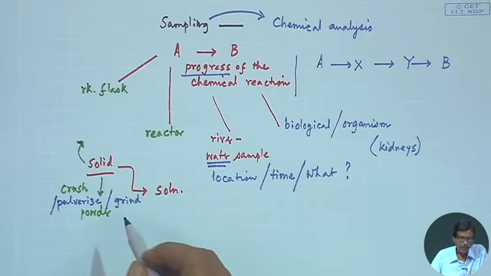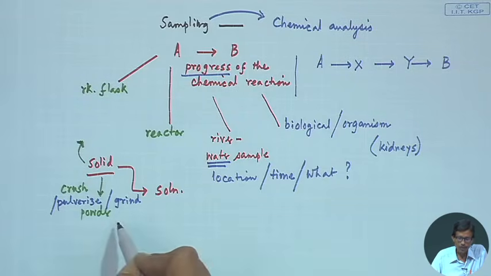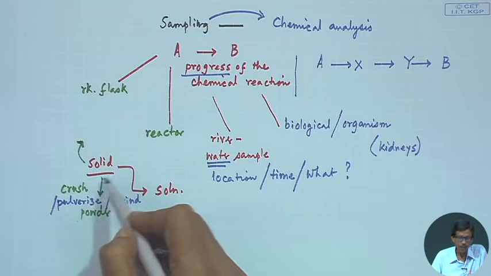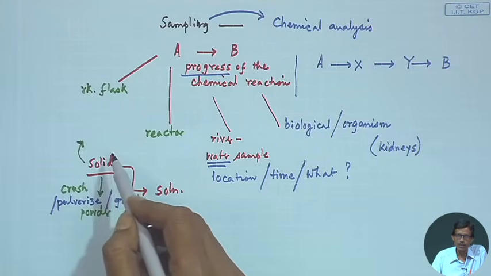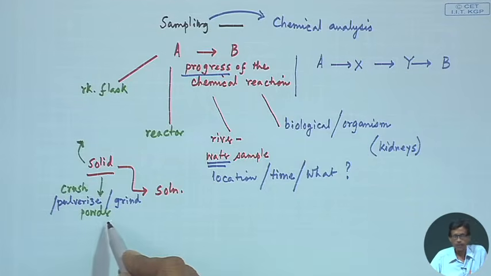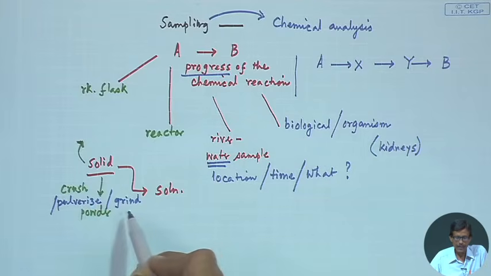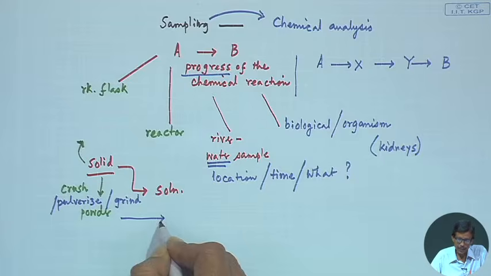What are the instruments and what are the techniques we should follow to get a powdered sample from a very real life solid sample of different ores? That means the physical characteristics of this particular solid sample are different from the sample which is in the powder form. So, we are changing the form. So, crushing, pulverizing and grinding.